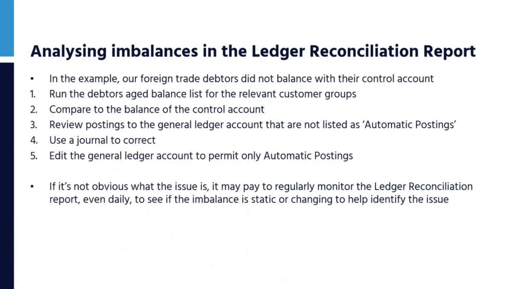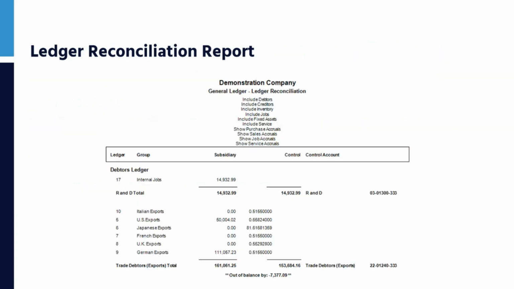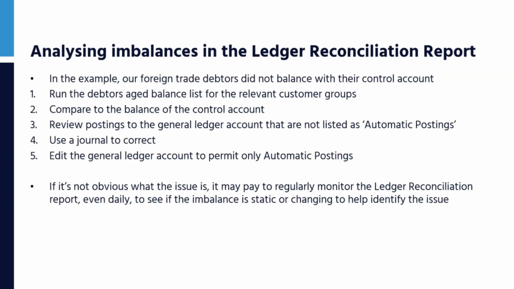So in terms of analysing those imbalances, in that example we have our foreign trade debtors not balancing with the control account. So we'd go and run the age balance list just for those groups. I'll just hop back there. You'll see the group numbers listed here, and I'd only run my age balance report for those 6 groups, not all my other debtors groups, because then it makes it a bit harder.